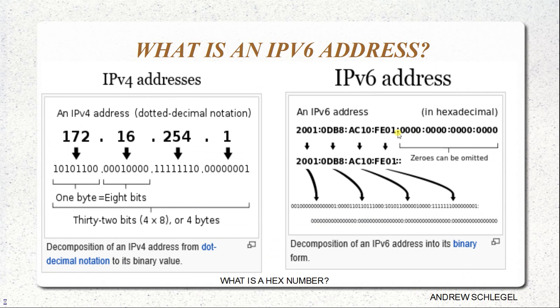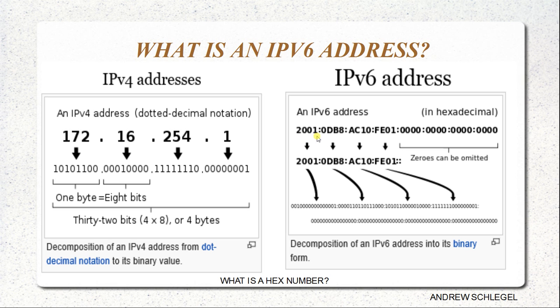So let's take a look at just how much bigger IPv6 is. Well, here you had 32 bits on the IPv4. Let's take a quick look at IPv6. IPv6 is 8 hextets. 1, 2, 3, 4, 5, 6, 7, 8.